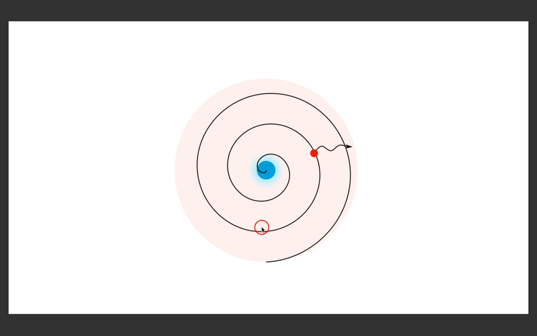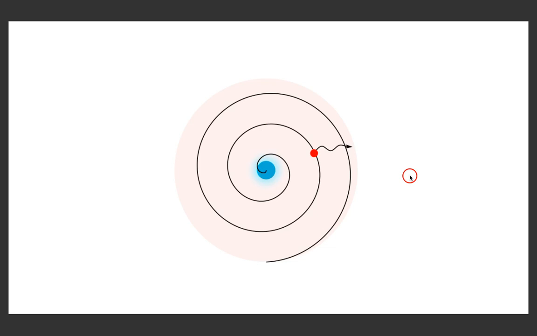And as it loses energy, the radius of its orbit would decrease, and it would basically spiral towards the nucleus, and the atom basically would collapse. So in this image, we can see our electron losing energy in the form of electromagnetic waves and just spiraling in towards the center of the atom, causing the atom to collapse.